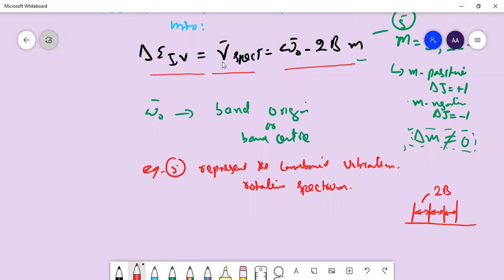So on each side of the band origin, means the omega naught value, where the band starts originating, we know that m is not equal to 0. The line at actual position of omega naught itself will not appear.